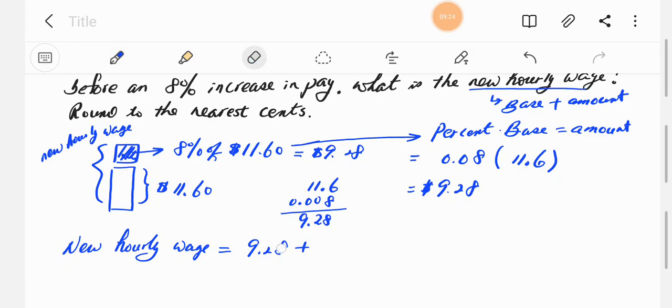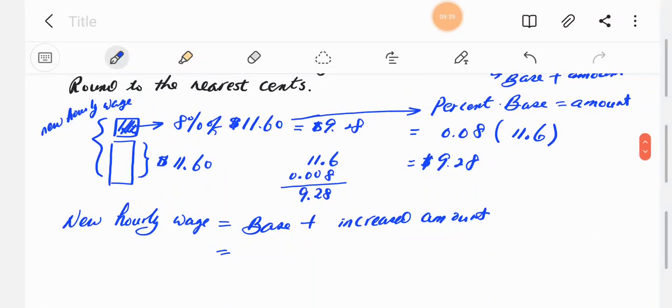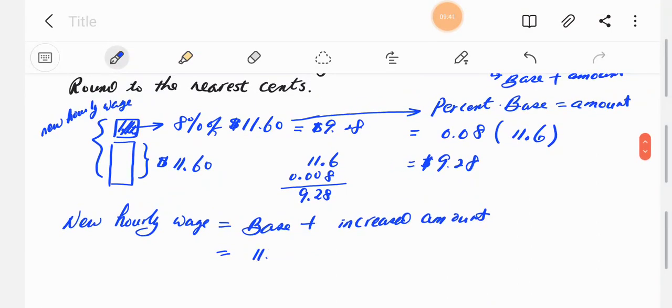So base plus the amount, the increased amount. So the base is 11.6, and then the increased amount is 9.28.